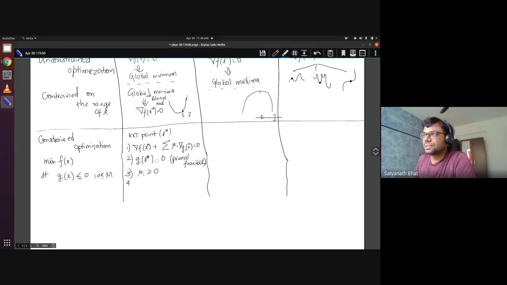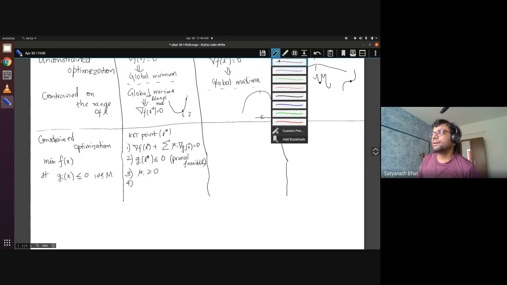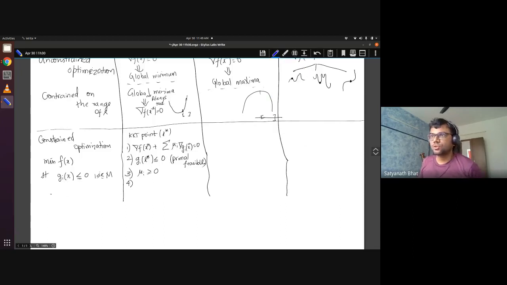It doesn't really matter which way you take, provided you take care of the sign here. If it was greater than or equal to 0, there will be a negative sign here. So it's not really a big deal. Let me remind all of us how that came in. You are trying to go in the negative gradient f of x direction. Suppose some g_1 of x is equal to 0.